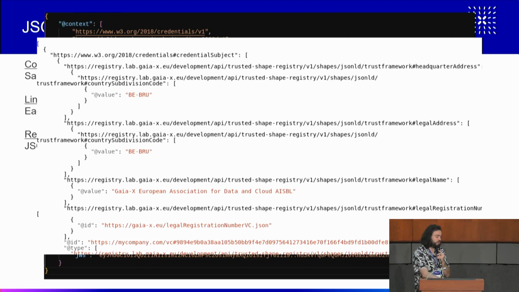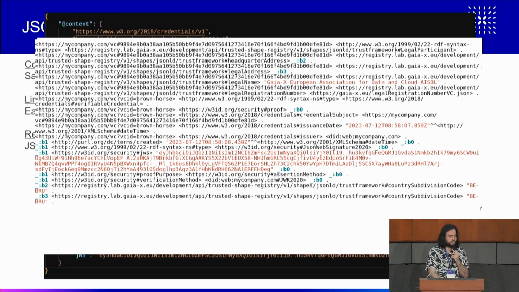This time, all the fields are expanded, so you can see that each field is prefixed by its context, meaning that each field can be targeted independently. And finally, this is also a representation of a credential, this time with triples, meaning that you can take these triples and put them in a graph database, for example, and query the database the way you are used to.